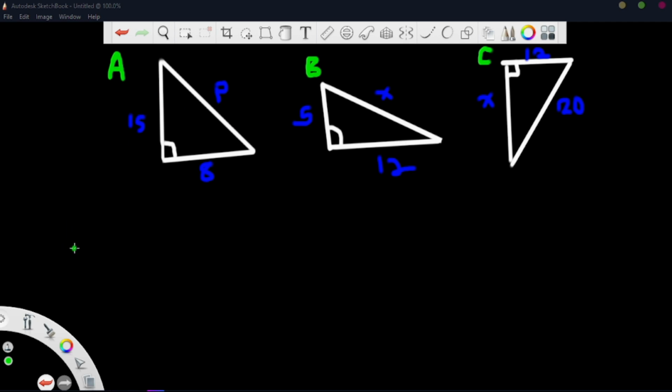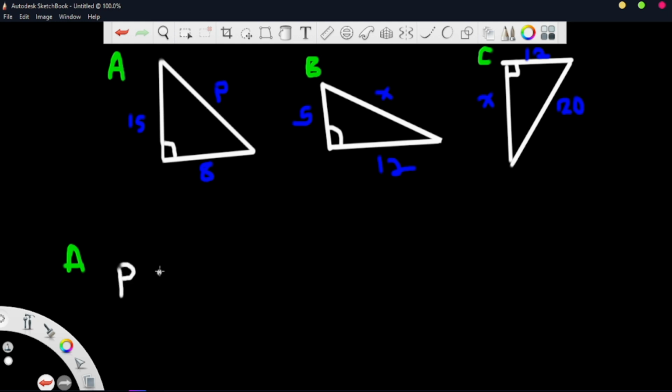So P is our unknown value. For question A, which is triangle A, to find P squared I add this squared and that squared. So I'm simply going to say P, which is my hypotenuse.